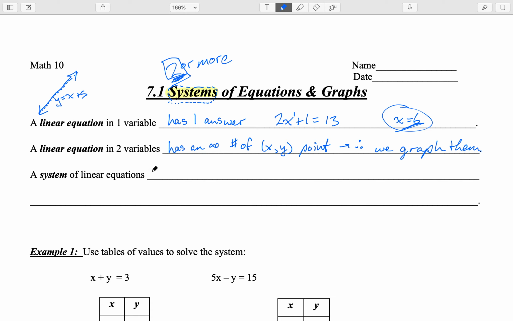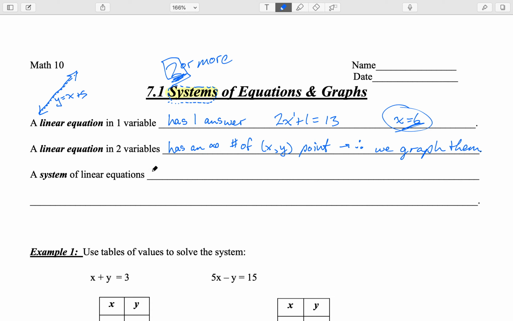And you know what? I can see a pattern here. Because I put these in a pattern, these should also come out in a pattern. I bet you this one's negative 1, because it's 4 plus negative 1. Exactly. So there's a bunch of x and y points. I just made those up. I don't know if there's a right or wrong, but I know that there's an infinite number of x and y points that are going to work.